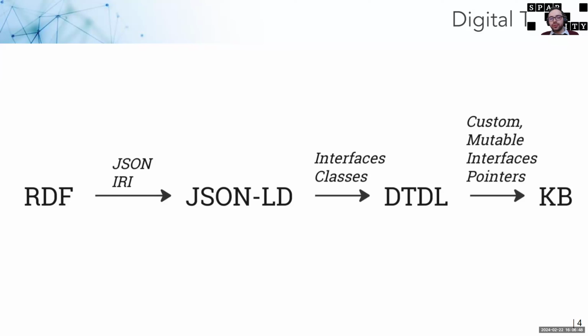With the proposal of JSON-LD in the early 2000s, the principles of linked data have been made more accessible to web developers, facilitating the integration of semantic data into the largely JSON-based web ecosystems. DTDL is the Digital Twin Description Language.